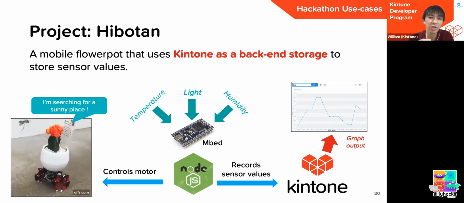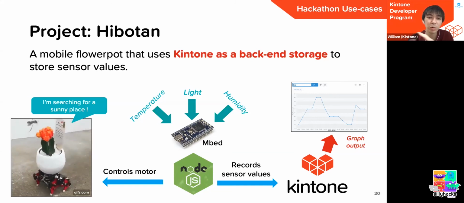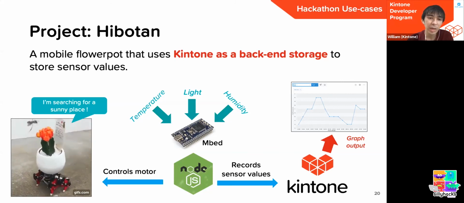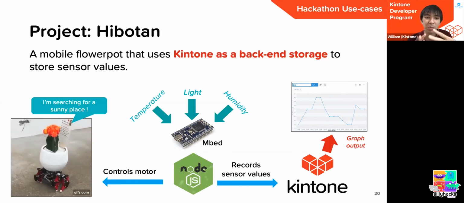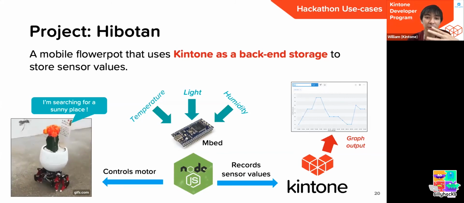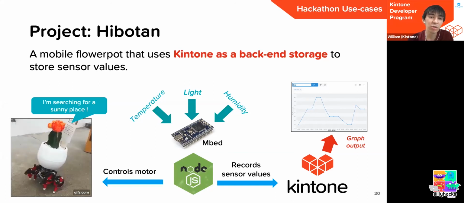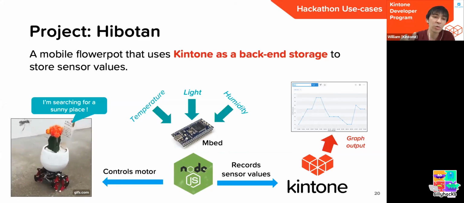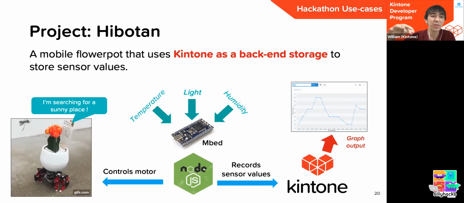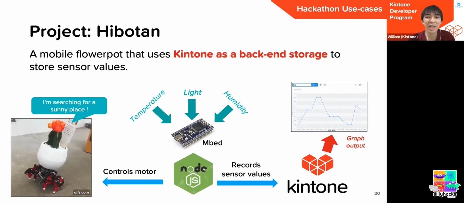Node.js runs some REST APIs, and it posts the data onto Kintone. And every now and again, it accesses Kintone's data again to see the average temperature, light, and humidity. Depending on the values stored in there, the Node.js code controls the motor inside the mobile pot, so the pot finally moves on to a sunny area.